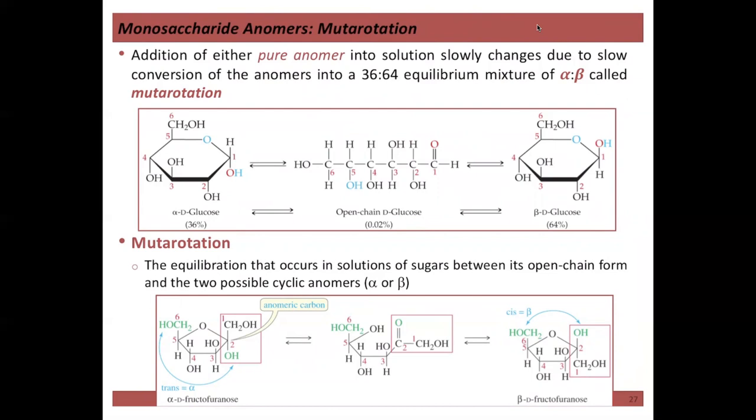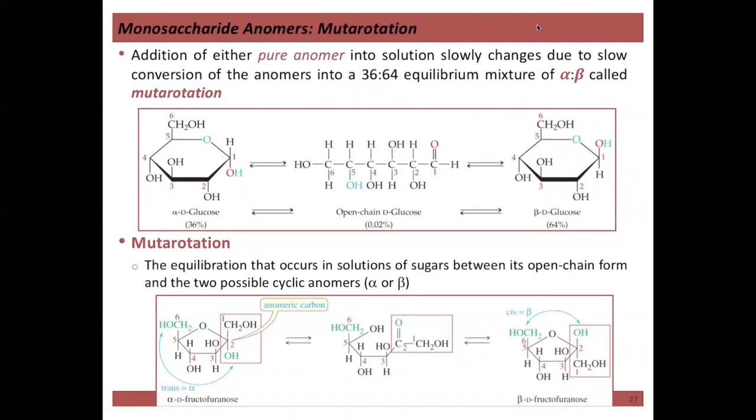So by far, this one dramatically prefers the closed chain form. And you can see the two options that we have. We have the beta glucose. So we've closed up in the beta anomer, and we get 64% of that. But about a third of it is in the alpha anomer. So there's not a lot of stability. Oh, I just gave away the key to my previous question. It's stability that's driving this.